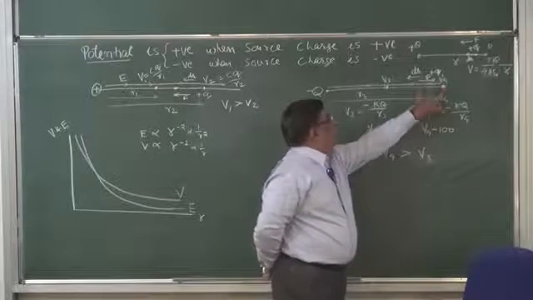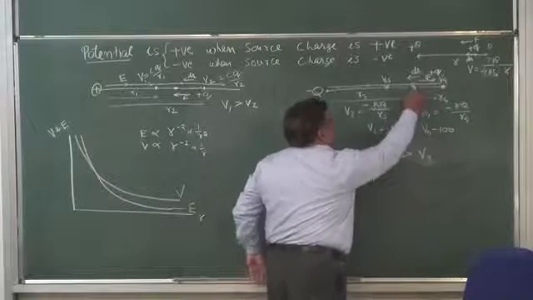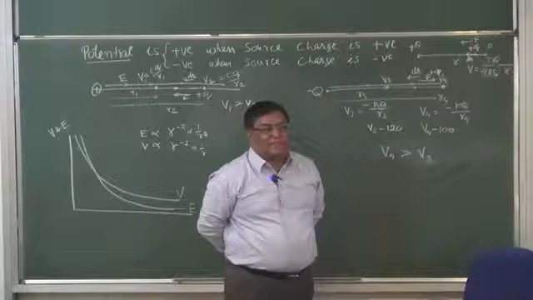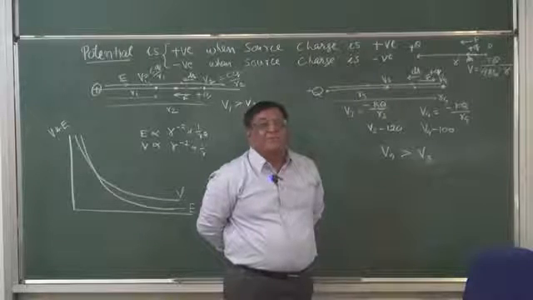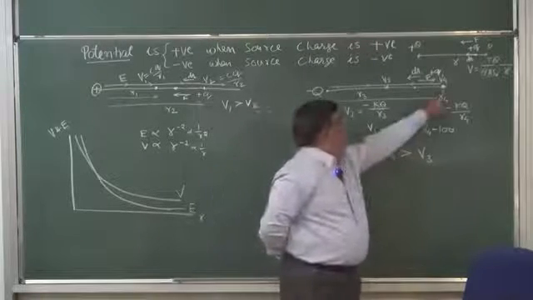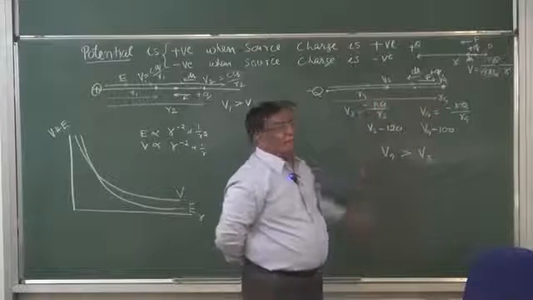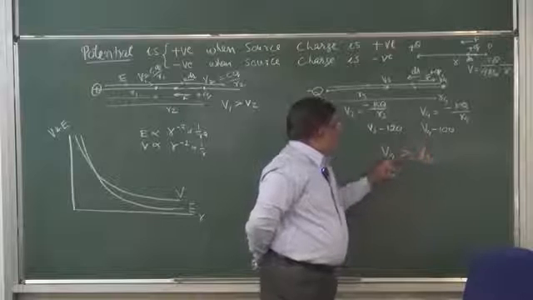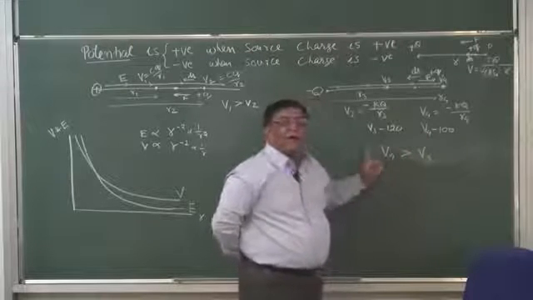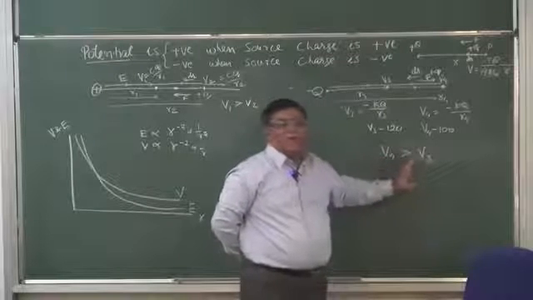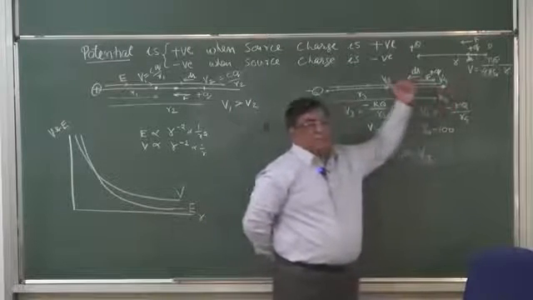If I leave the charge here, anywhere, what is the direction of force? Attraction or repulsion? Attraction. Where will it move? From V4 to V3. It will move like this. And what is V4, higher or lower? Higher. So the charge moves from higher potential to lower potential, even if it is moving this way.